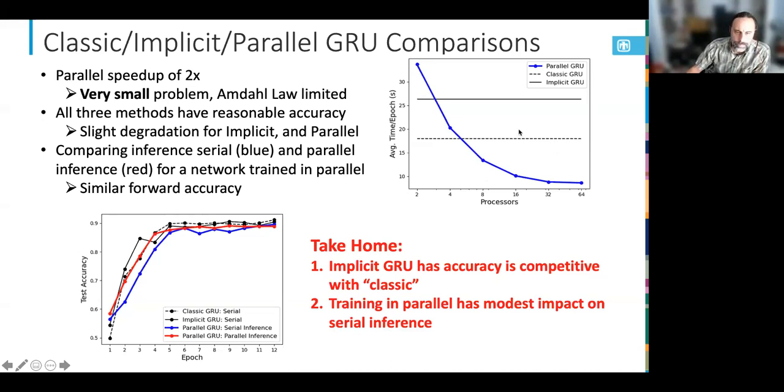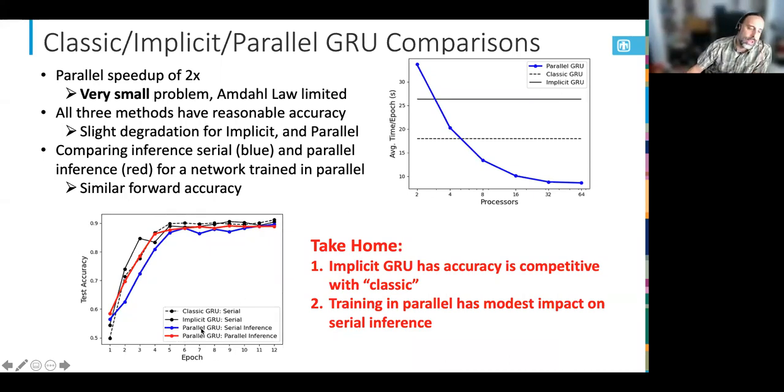And then the other question, and there are 2 aspects to this, is the classic GRU, say the explicit GRU, as good as the implicit GRU? That comparison you can see with the dashed lines, the black lines, they are basically pretty much the same. So implicit GRU and serial GRU are in the ballpark doing the same thing.